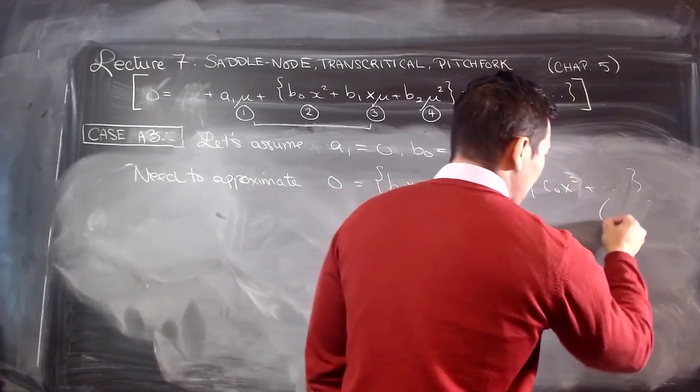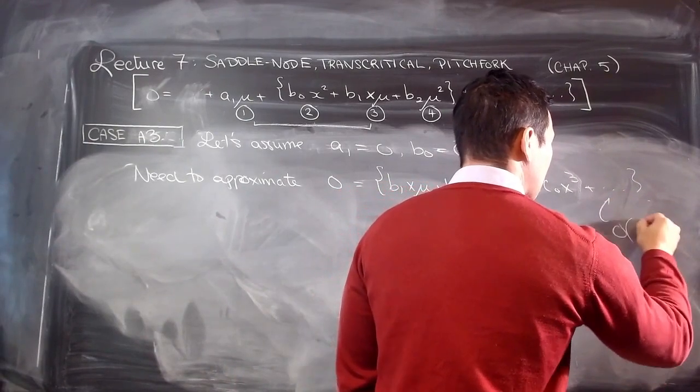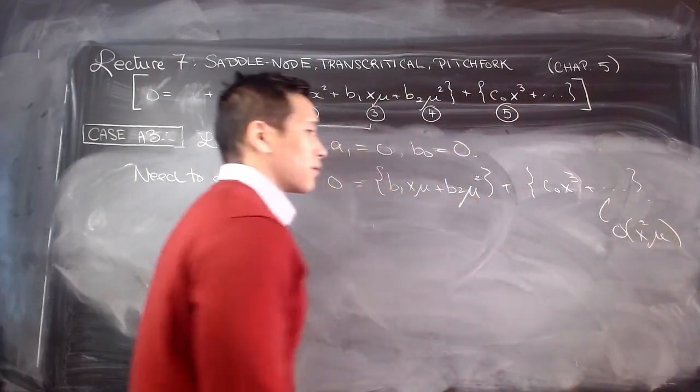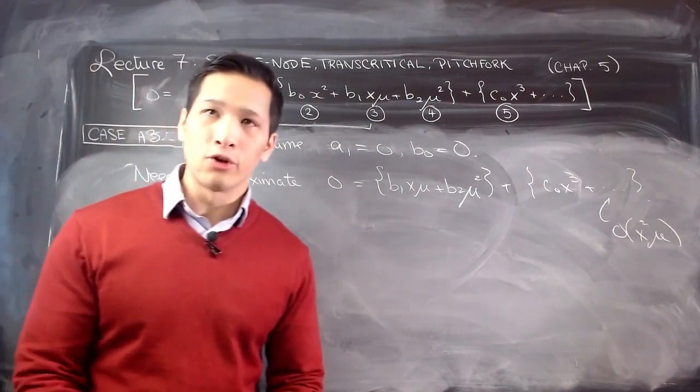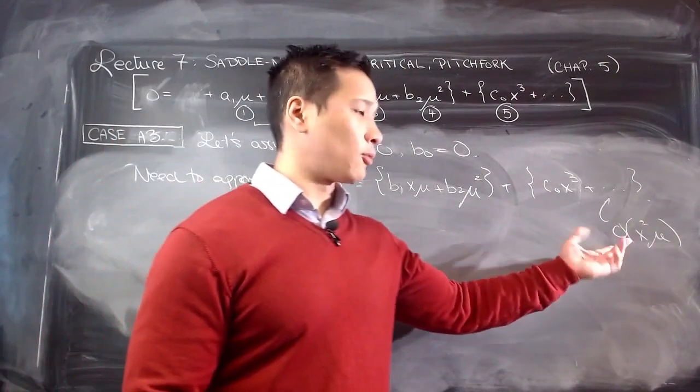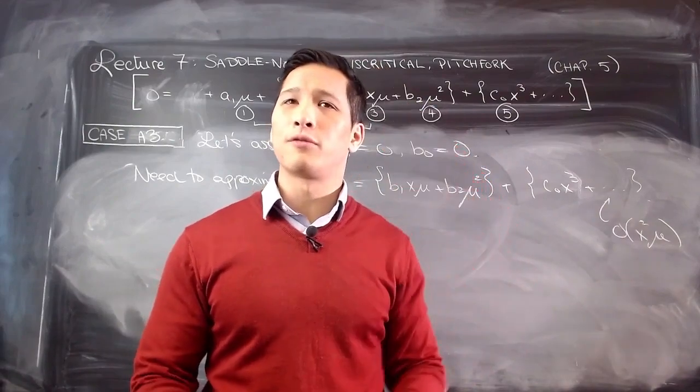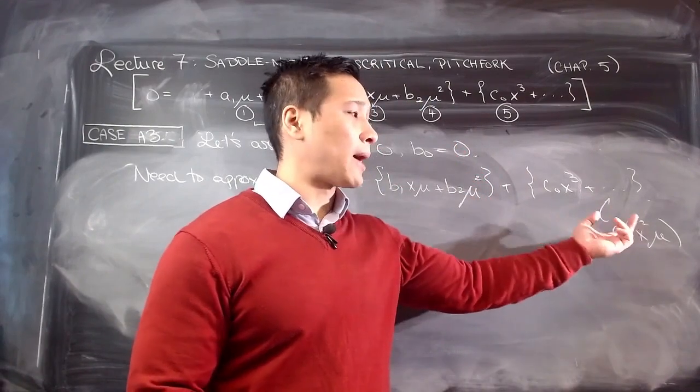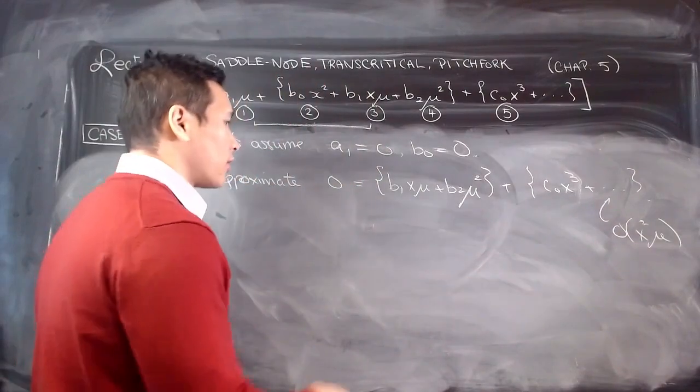For instance, some of these dotted terms will be order x squared times mu, order mu cubed. We're not going to write that out. But we have to verify to some degree of certainty that they're not going to come back and bite us, and they're not going to be involved in this analysis.